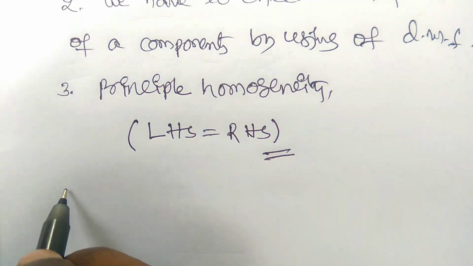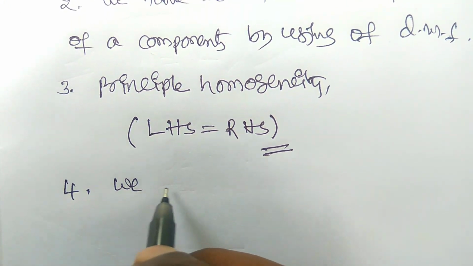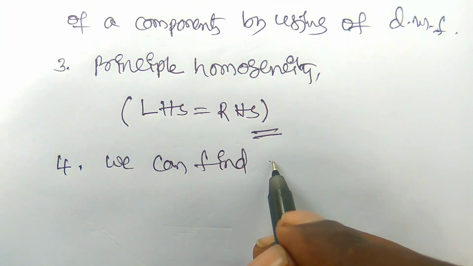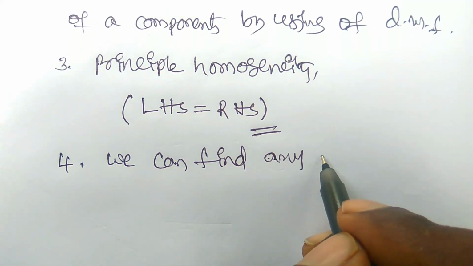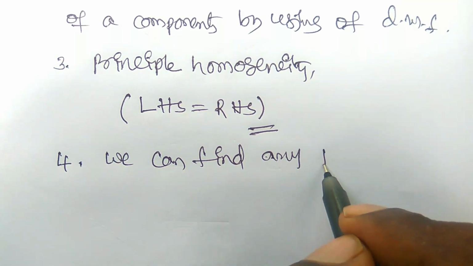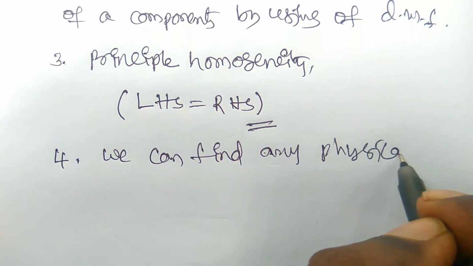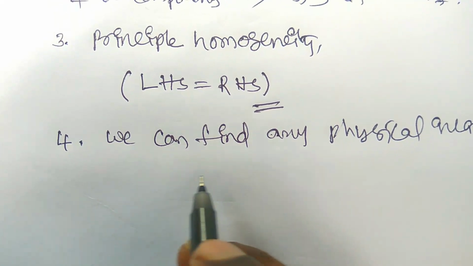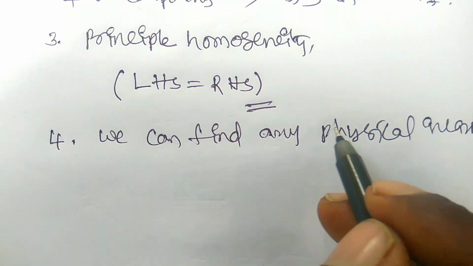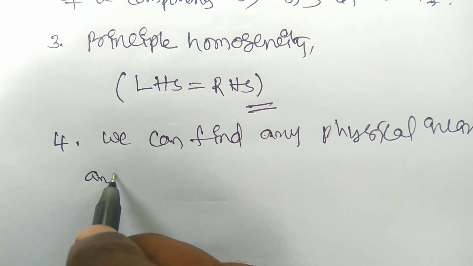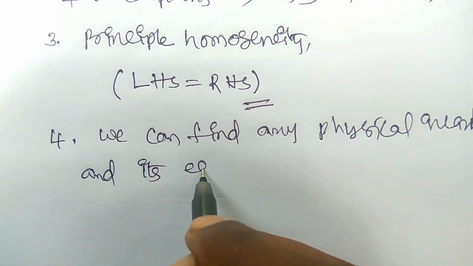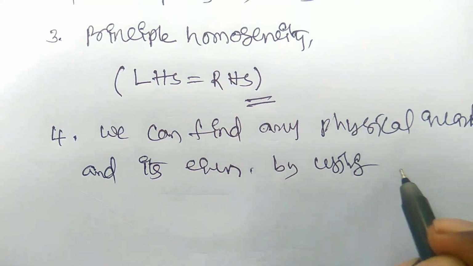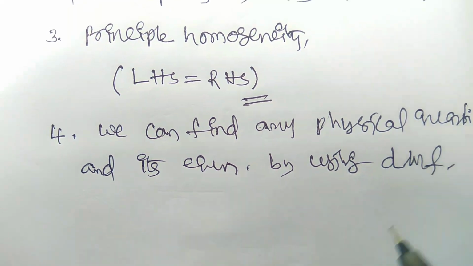And the fourth one now we have to do, that is we can find any physical quantity and its equation by using the dimensional formula.